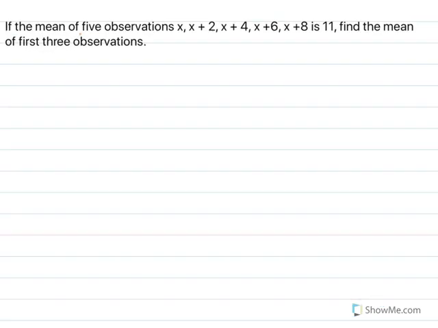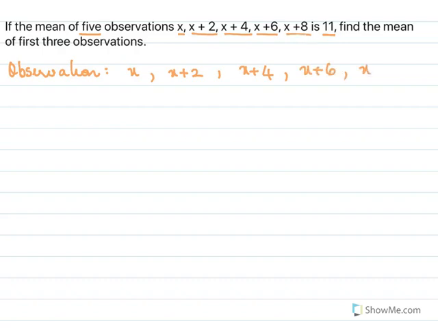If the mean of 5 observations is 11, find the mean of the first 3 observations. So here our observations are, there is x, then there is x plus 2, x plus 4, x plus 6, and x plus 8.